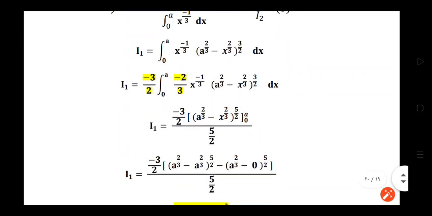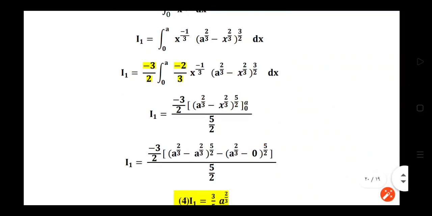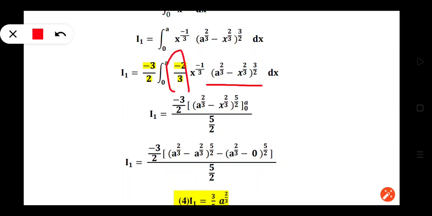To find I1, let us do a simple test for the derivative of the function inside the brackets, which equals negative 2 over 3 x power negative 1 over 3. Now we should multiply it by negative 3 over 2 outside and negative 2 over 3 inside.